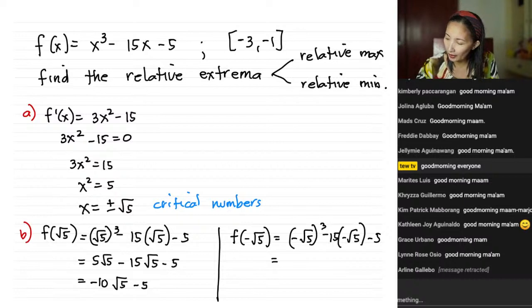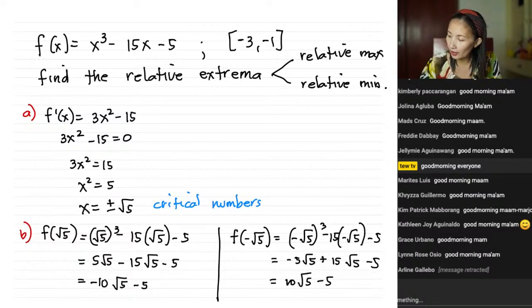This will be negative 5 square root of 5 plus 15 square root of 5 minus 5, which when simplified is 10 square root of 5 minus 5. Okay? Get your calculators and express it to the nearest two decimal places so that we can identify which is the greatest and which is the smallest.